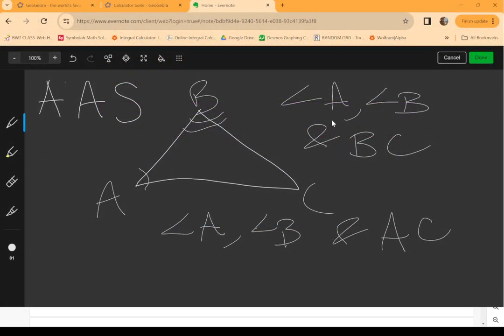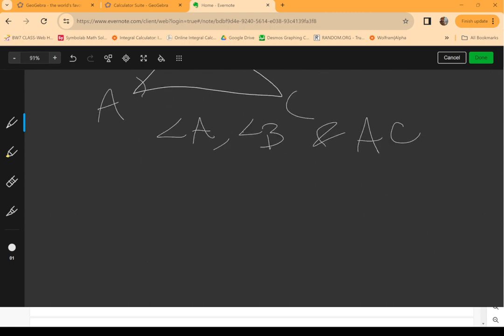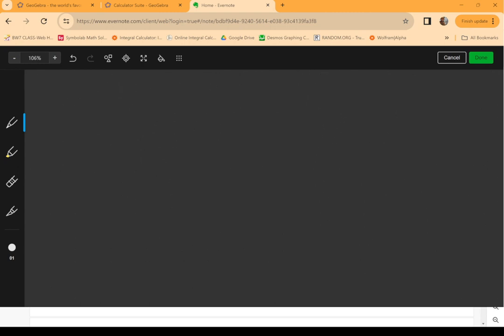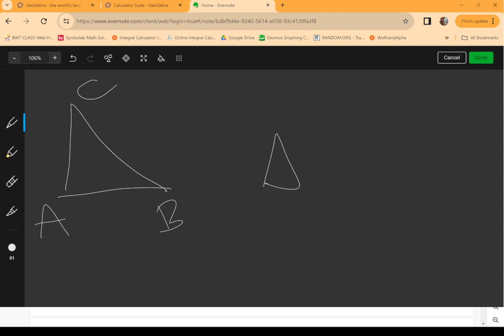So what this means is, let's say that you have two triangles, triangle ABC and triangle DEF.